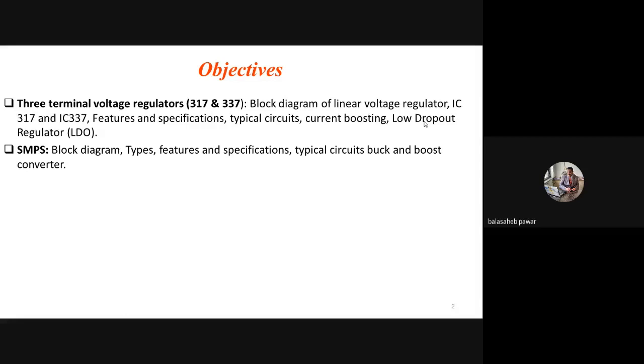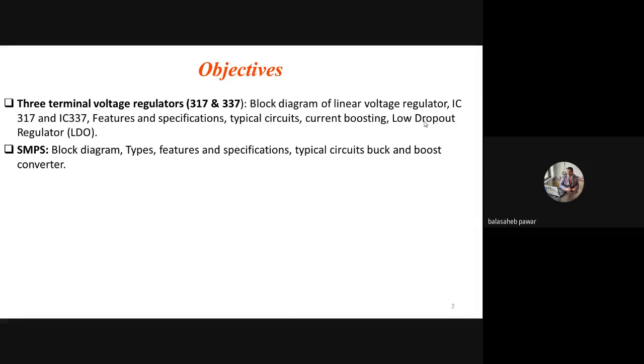And graphically, in the previous lecture, I already explained what is meant by ripple and how it gets added. As the ripple increases with the load current, that's why we call it an unregulated DC voltage source. Ripple also increases, as well as the average output voltage changes.